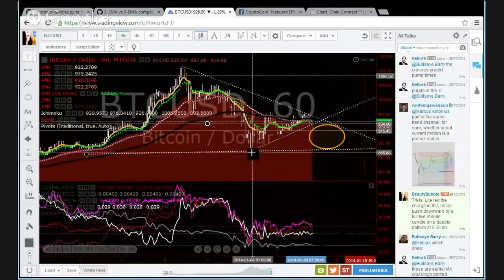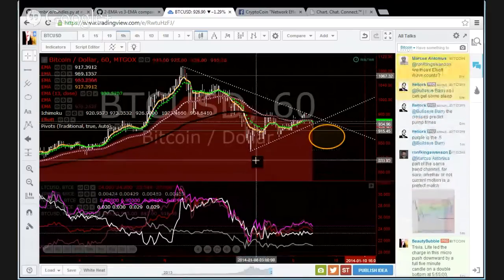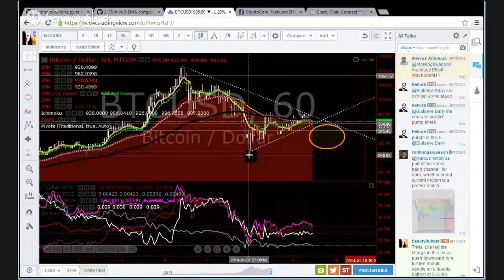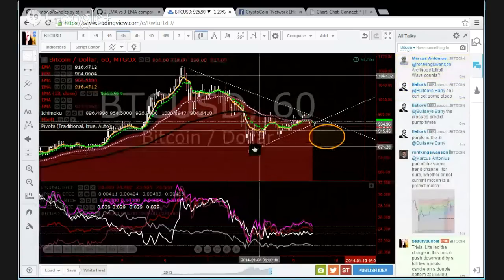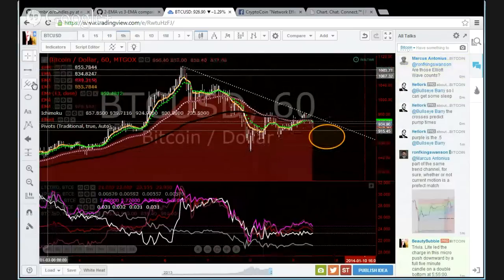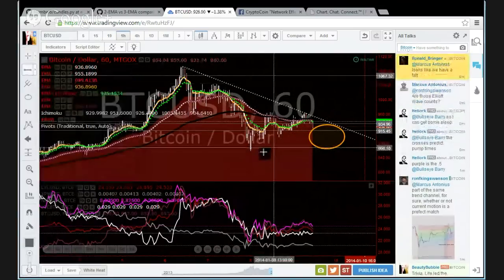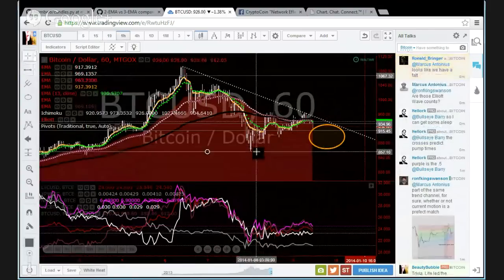So let's say if we were to take this out, I'm going to just go ahead and take that out. Oops, didn't mean to take that out. And to take the other one out, this one here. And we'll do a vertical, and we'll grab this bottom right here. And here's the wedge right here.